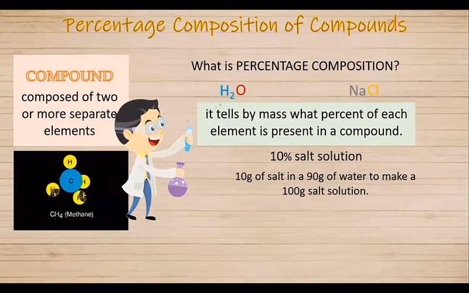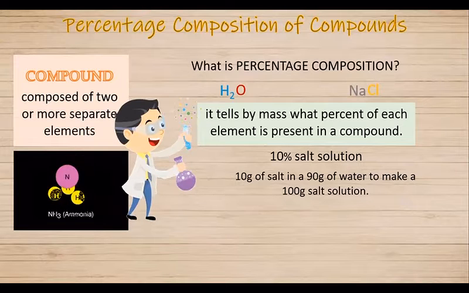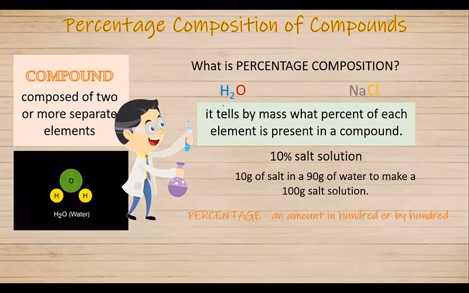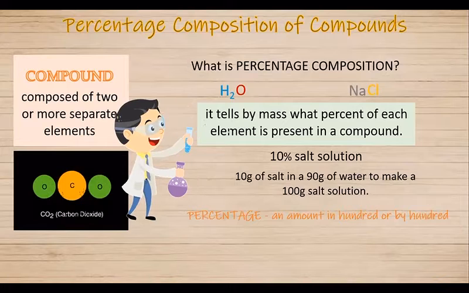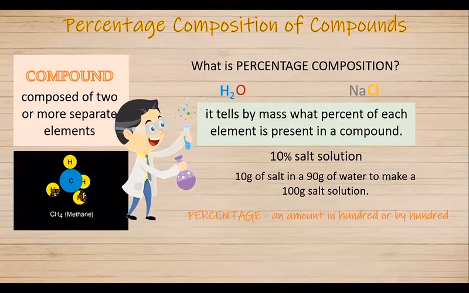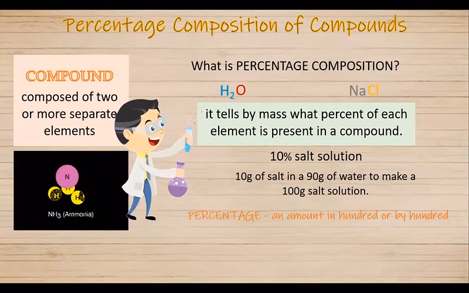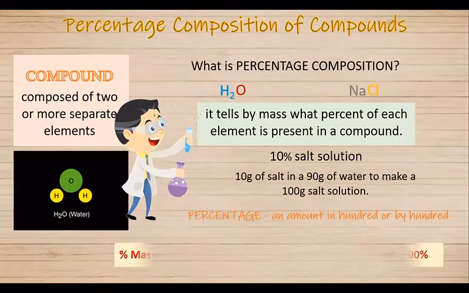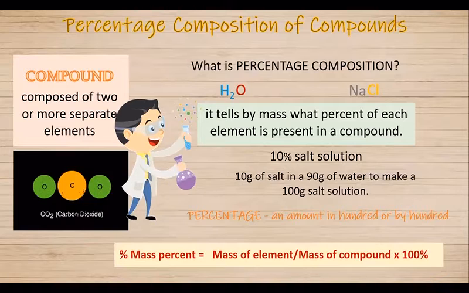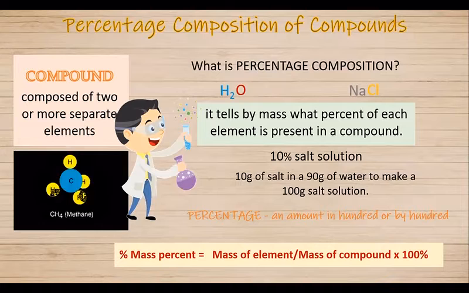So why 100 grams? Because percentage is 100 since it is an amount per 100. Thus, you need to know how to calculate the percentage composition of compounds using the formula mass percent equals to mass of element divided by mass of compound multiplied by 100%.